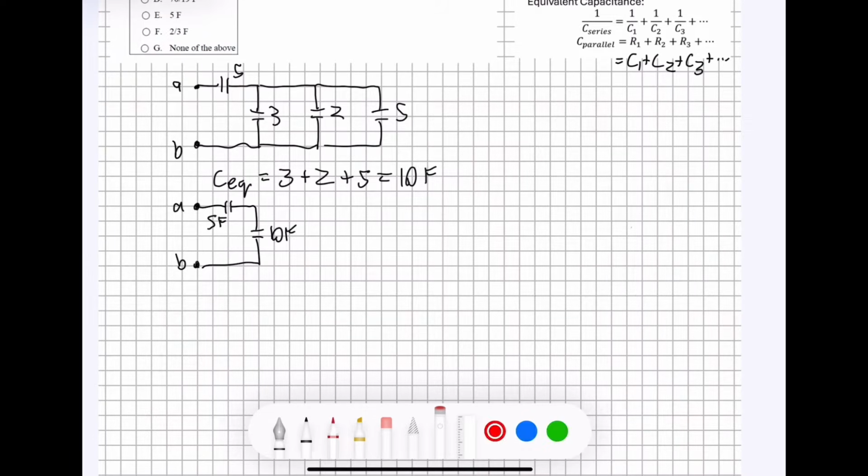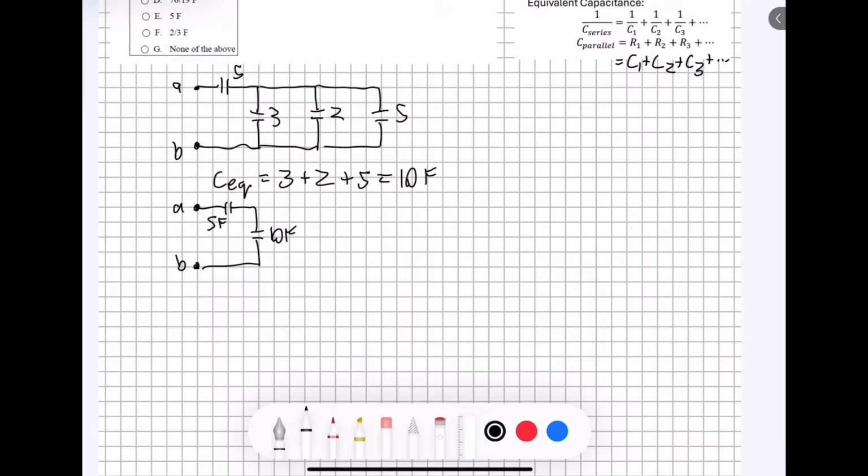Now these 2 capacitors, the 5 farad and the 10 farad, are not in parallel, they are in series with each other, which means that we have to use this equation up here, the capacitance in series equation, and that's going to give us that 1 over the equivalent capacitance is going to be 1 over C1, which in this case is 5, plus 1 over C2, in this case 10. If you add those 2 together, you're going to get 3 over 10.